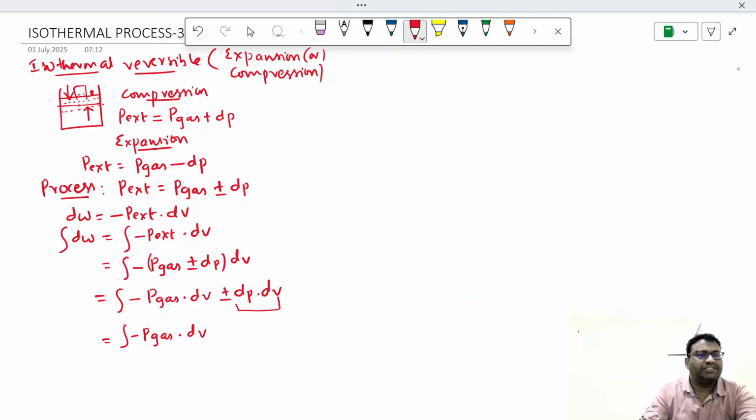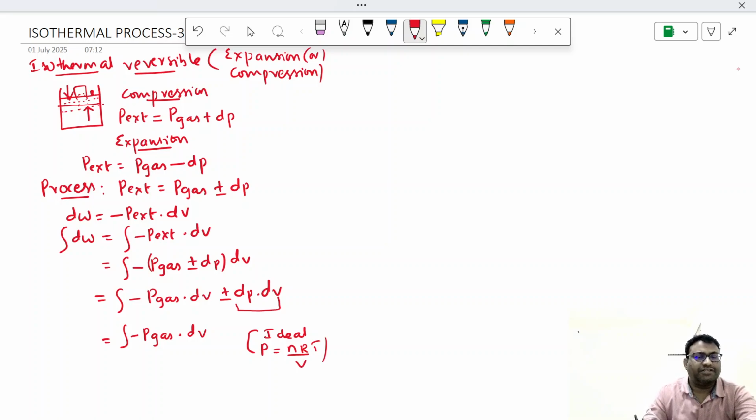So for the pressure of the gas, considering it as an ideal gas, P is equal to nRT by V, according to the ideal gas equation we have already studied.